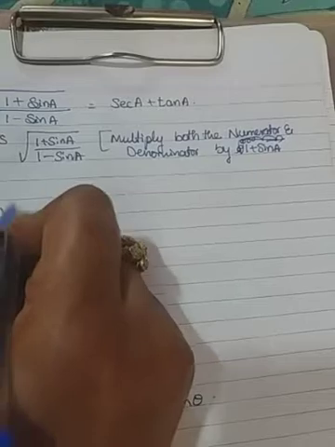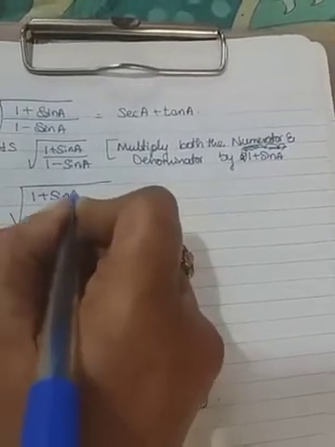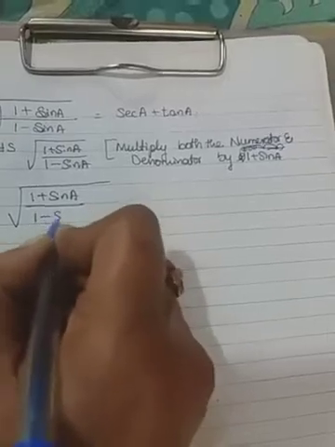If you multiply, it will become square root of 1 plus sin A divided by 1 minus sin A.